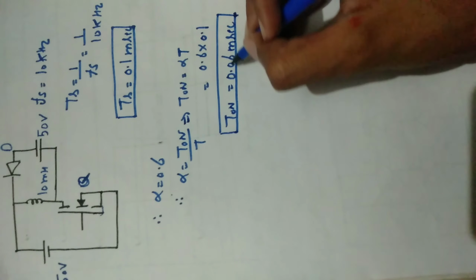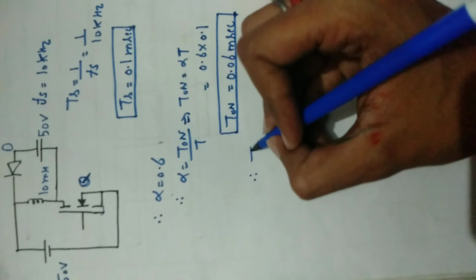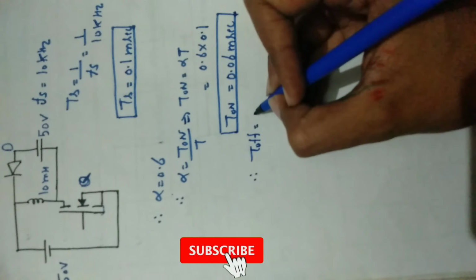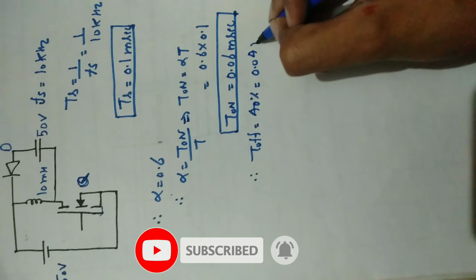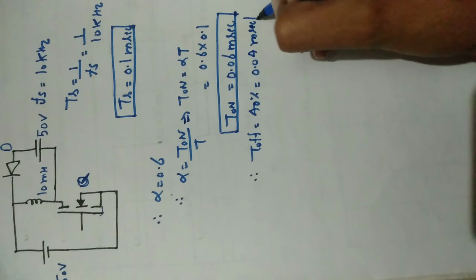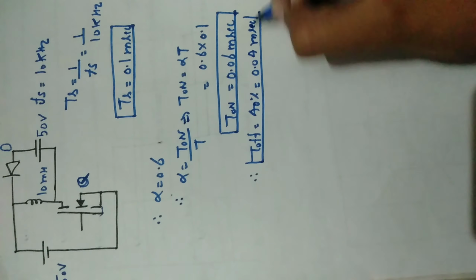It's 60%, so we can say T off will be 40%, meaning 0.04 millisecond.